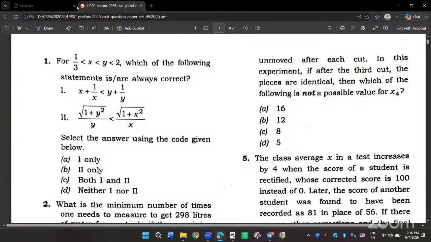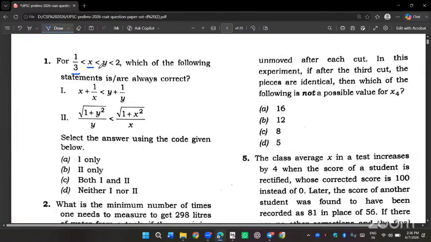So it is a D series question paper. In that, the first question is: for 1/3 < x < y < 2, which of the following statements is/are always correct?